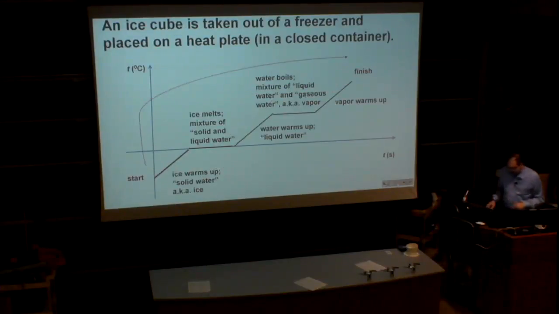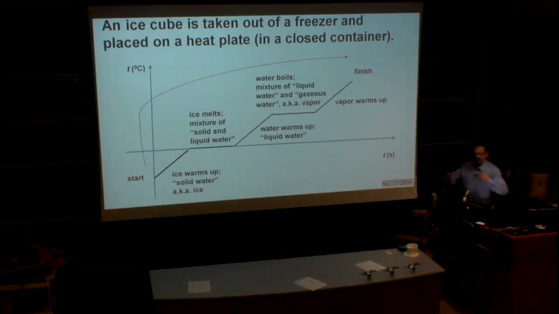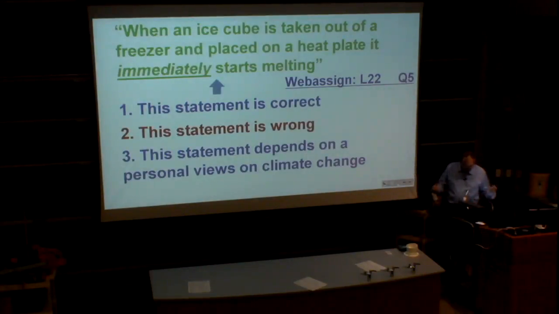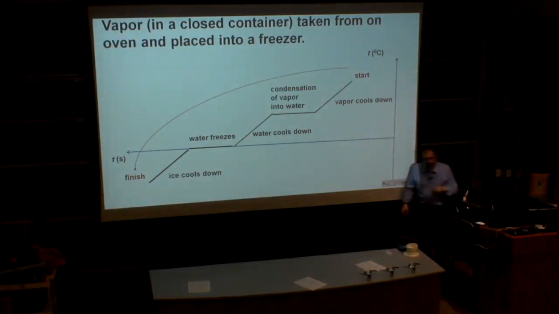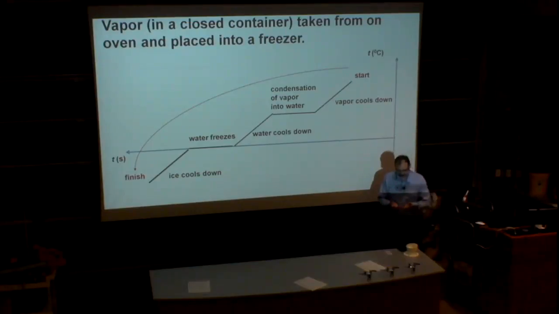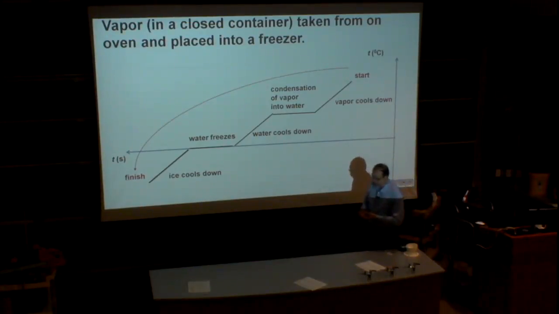Now, of course, we can reverse the process. We can start from vapor and, well, of course, it has to be in a certain vessel, confined container, and then we start taking energy away from it. So we put it in a freezer, for example. At first, it cools down.